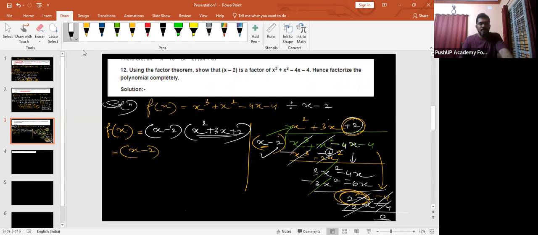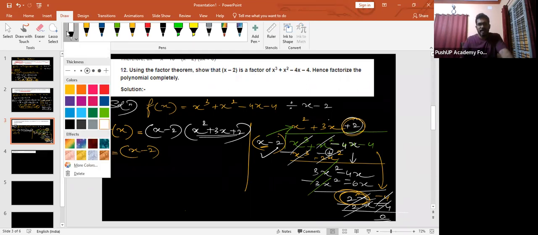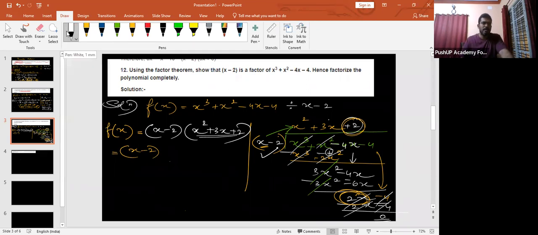So, children, most of the students rely on the middle term split method. If you are not comfortable with it, then you think of some other method. But trust me, children, they will give you only such expressions which can be factorized by middle term split method, because they already know the child is losing out a lot of time in showing that x minus 2 is a factor by using factor theorem.